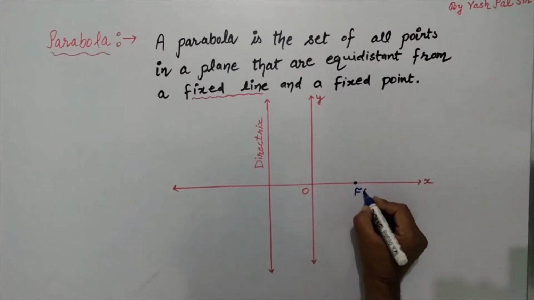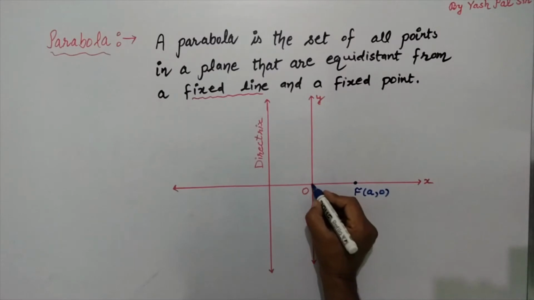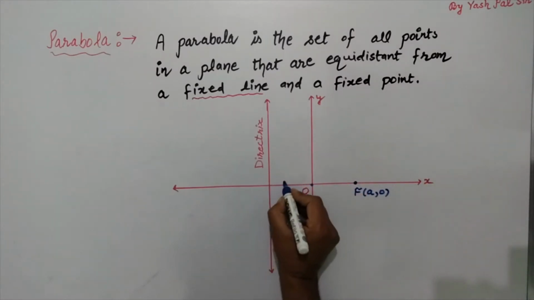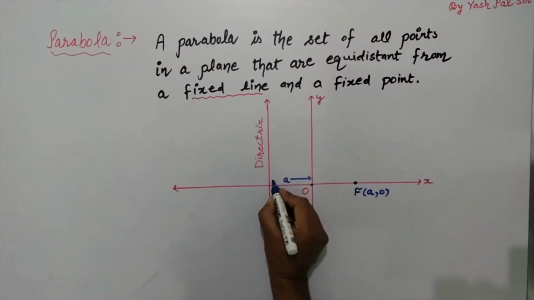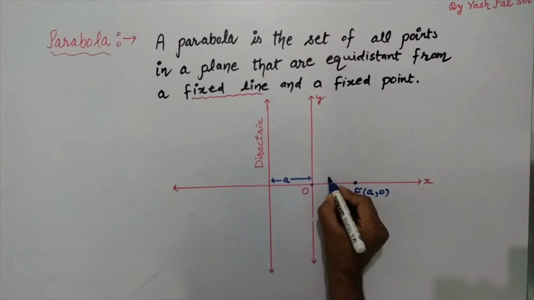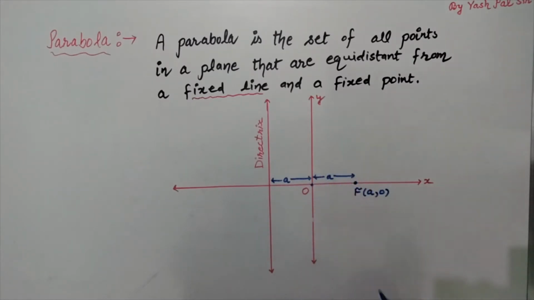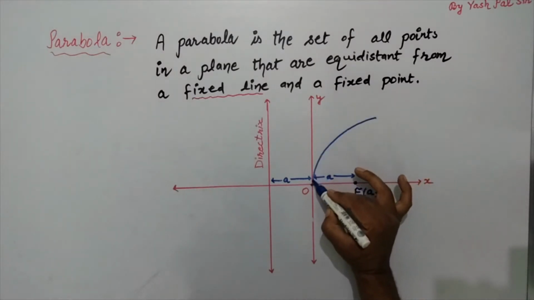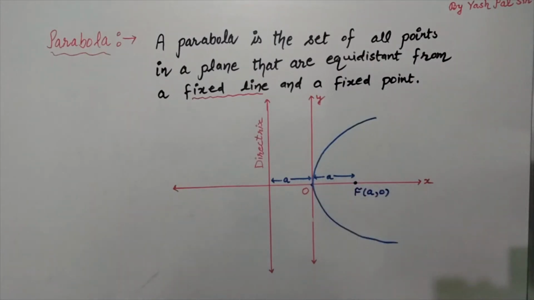If a comma 0 are the coordinates of the focus, then this distance is a, this distance is also a, the distance is same, equal, right? So we have the shape of the parabola like this, right?